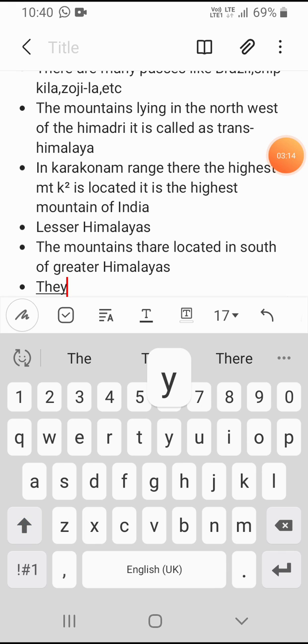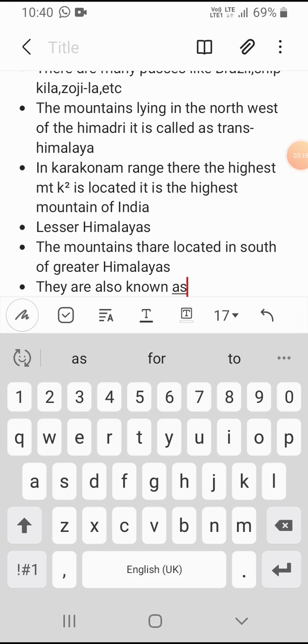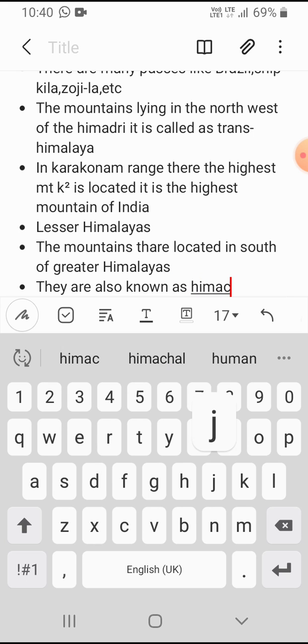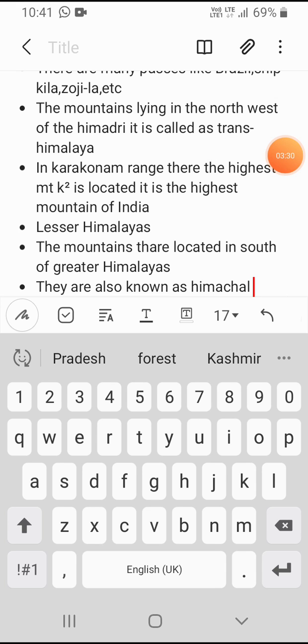They are also known as Himachal, while the Greater Himalaya is also known as Himadri.